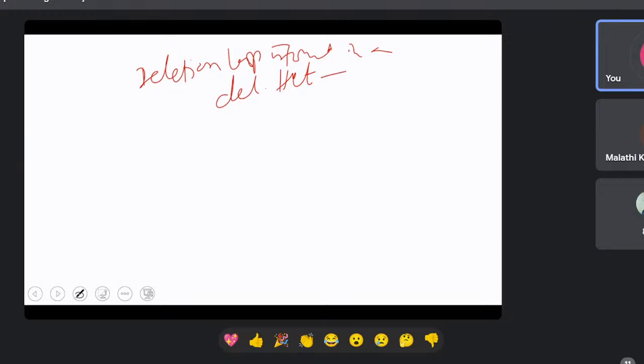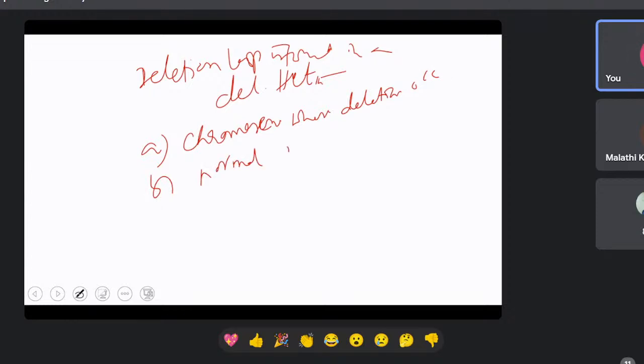In a deletion heterozygote, in the chromosome where deletion occurred, in the normal chromosome, or both, or none.